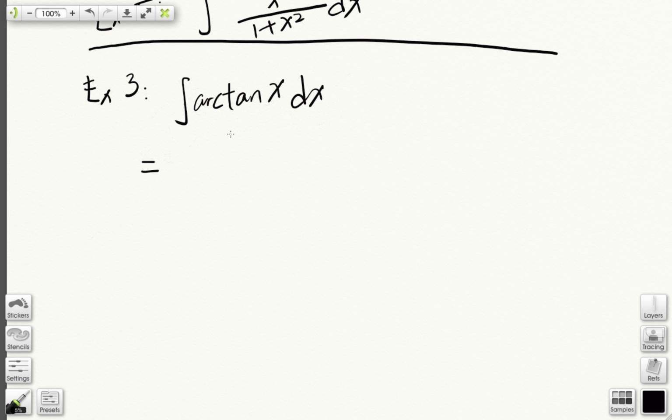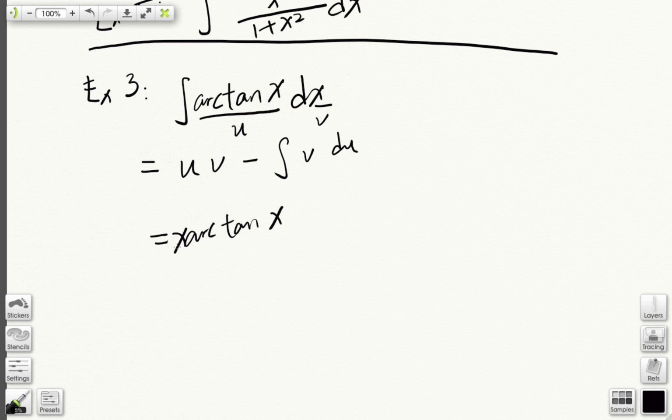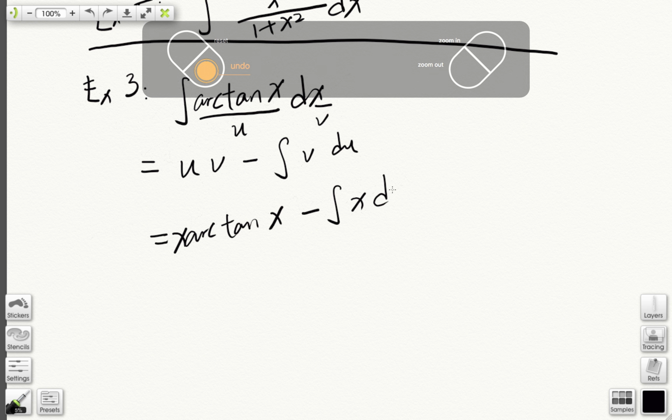By doing so, we need to use integration by parts again. In this case, this is going to be u, and this is going to be v, right? So the integral of u dv equals uv minus the integral of v du. In this case, it's arctangent of x times x minus the integral of v, which is just x, times du, which is d arctangent of x.